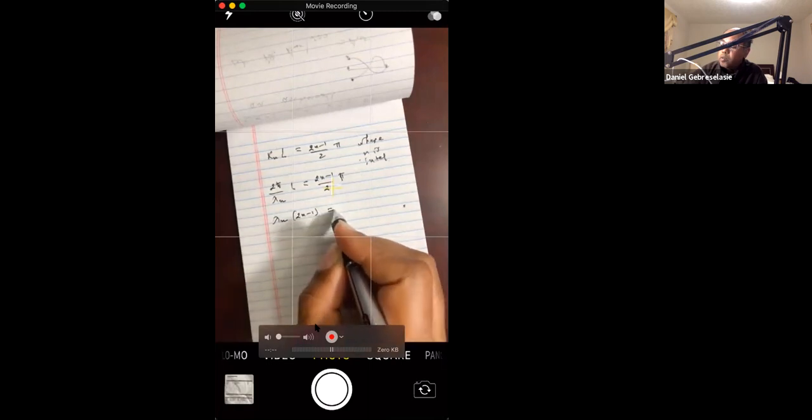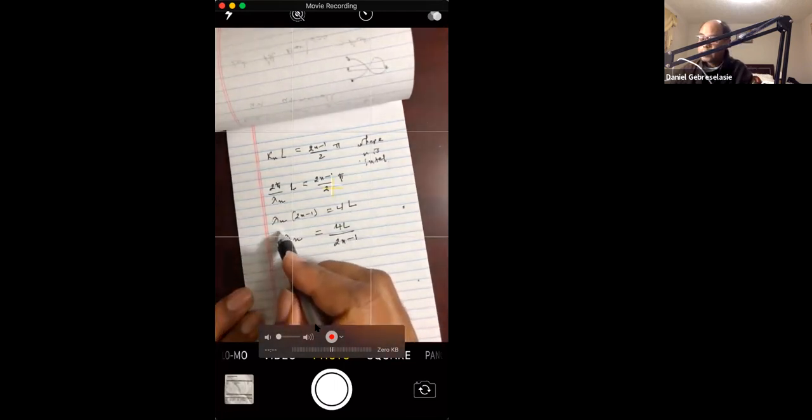So pi goes away like this. And then let's cross multiply. It's 2n minus 1 equals 4, okay? Where is L? There's L somewhere. Oh, there's L over here. So this is for L over here, okay? So the nth wavelength is 4L over (2n minus 1).